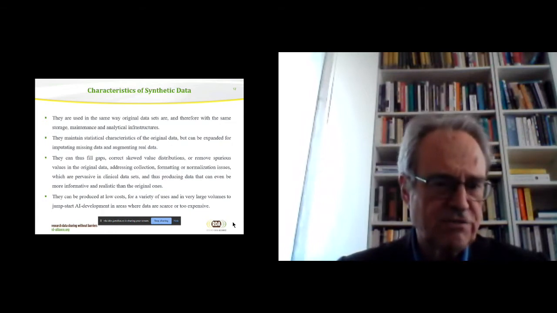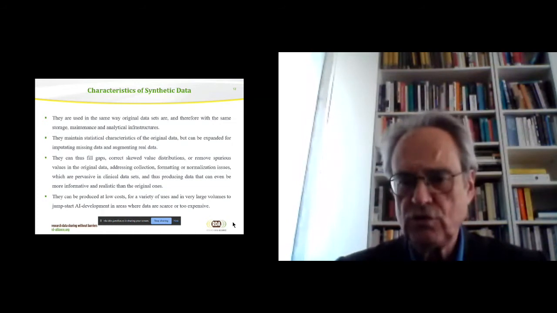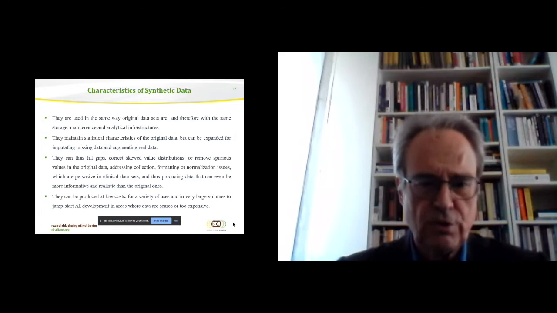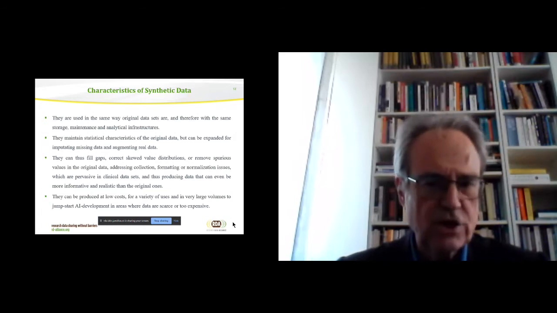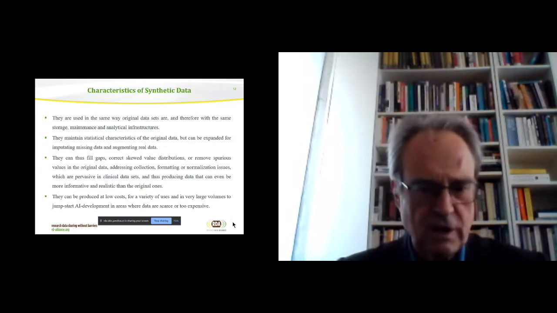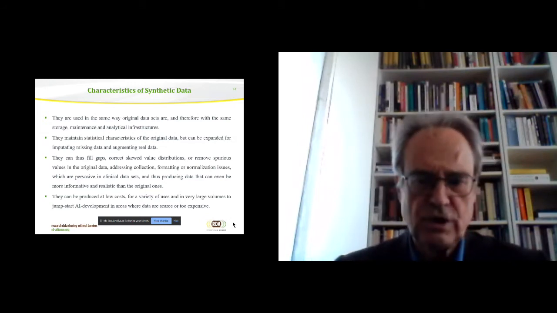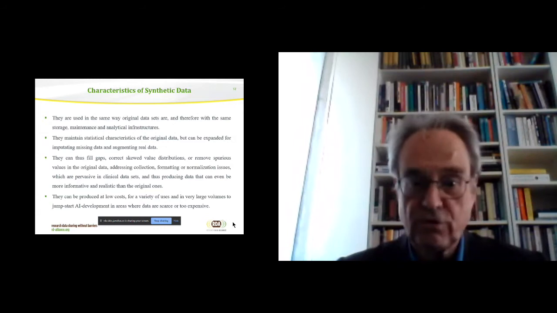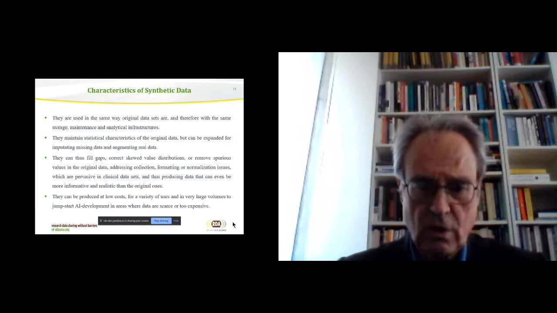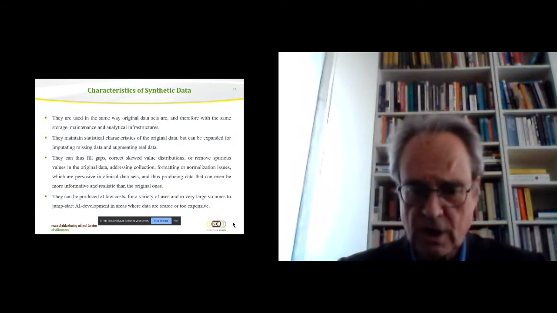They can thus fill gaps, correct skewed value distributions, or remove spurious values in the original data, addressing collection, formatting, or normalization issues, which are pervasive in clinical data sets, and thus producing data that can even be more informative and realistic than the original ones. They can be produced at low cost for a variety of uses and in very large volumes to jumpstart AI development in areas where data are scarce or too expensive.